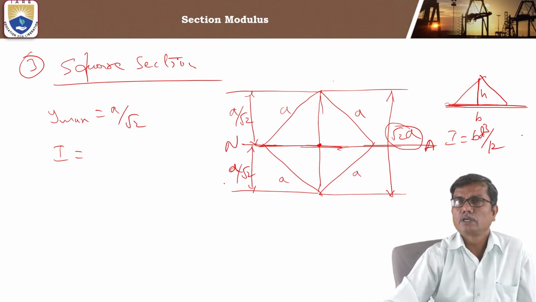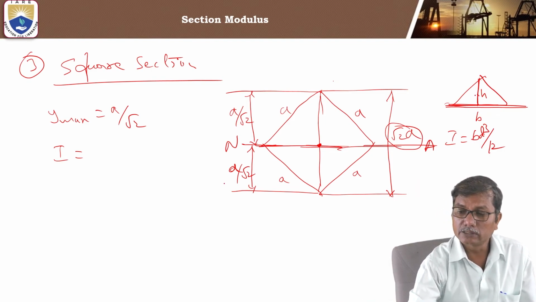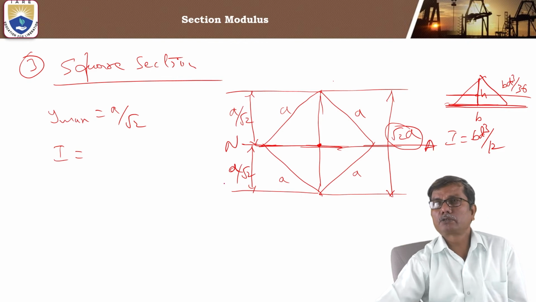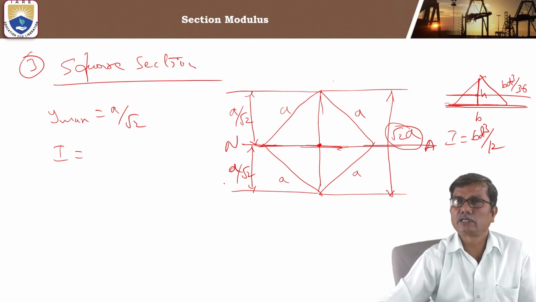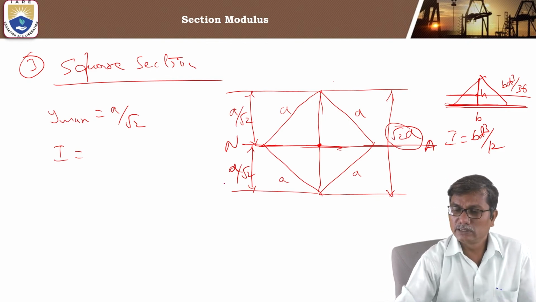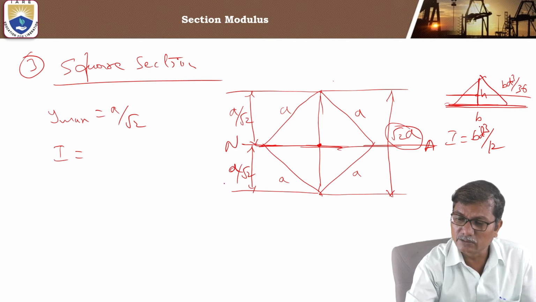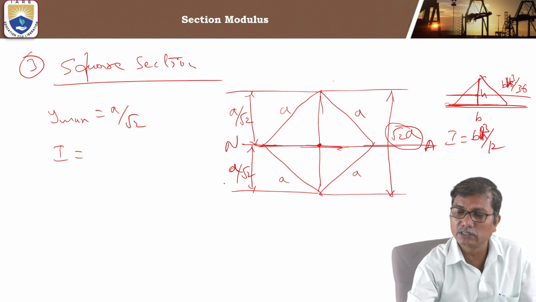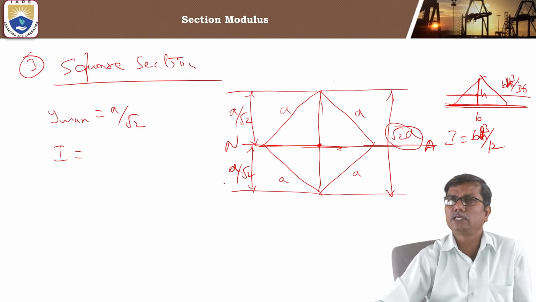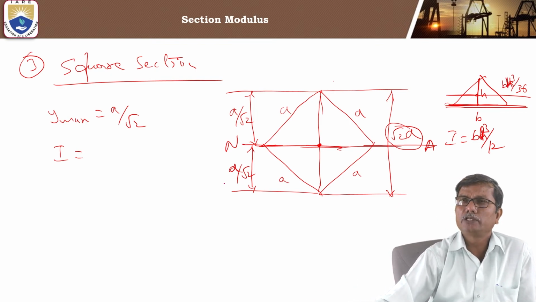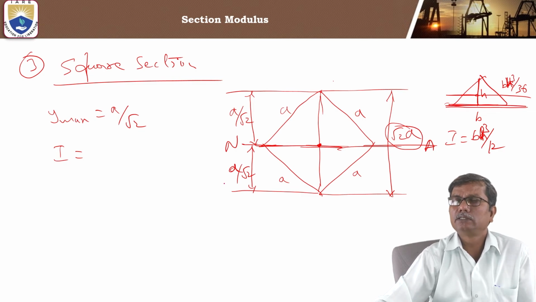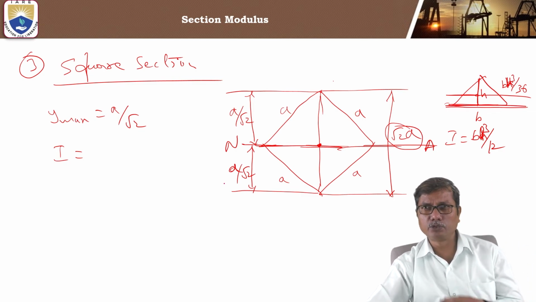About the centroid, it is b h cube by 36. So b h cube by 12 is the moment of inertia for a triangle about its base.